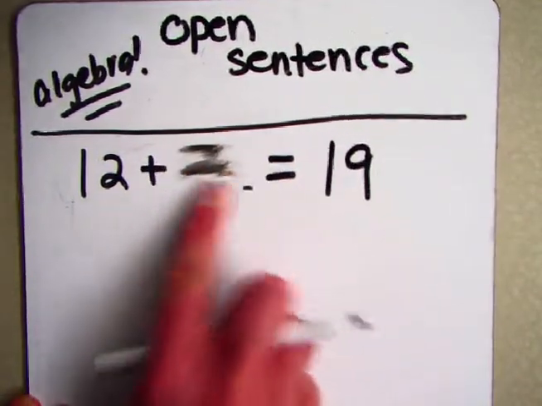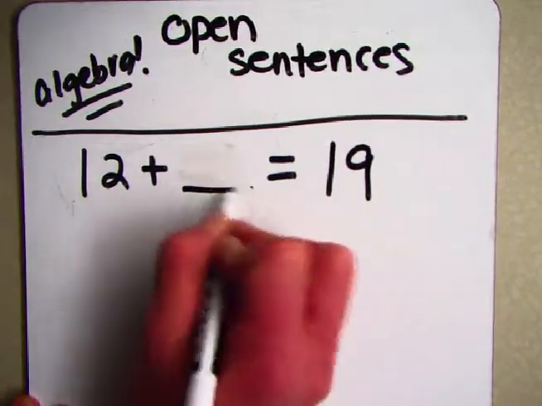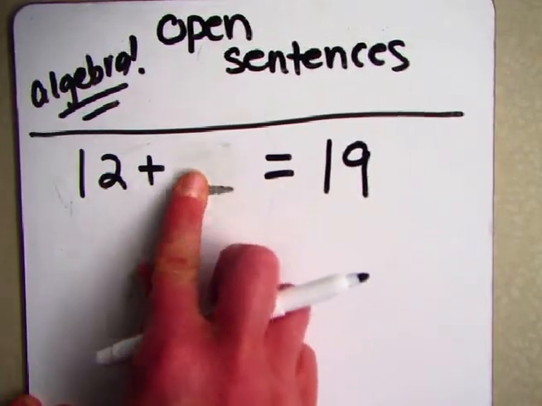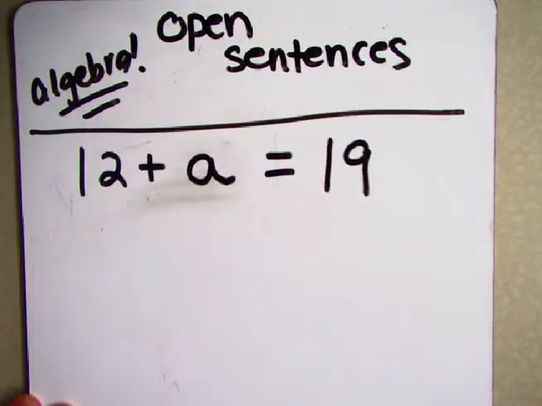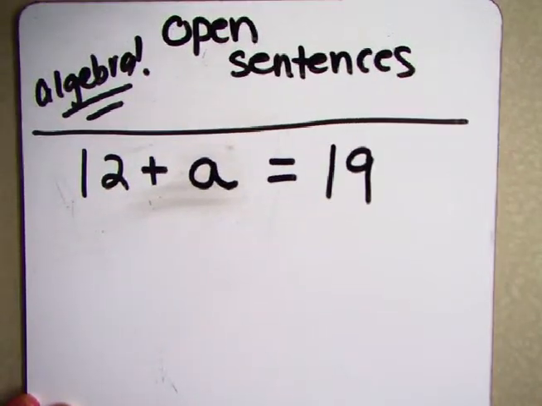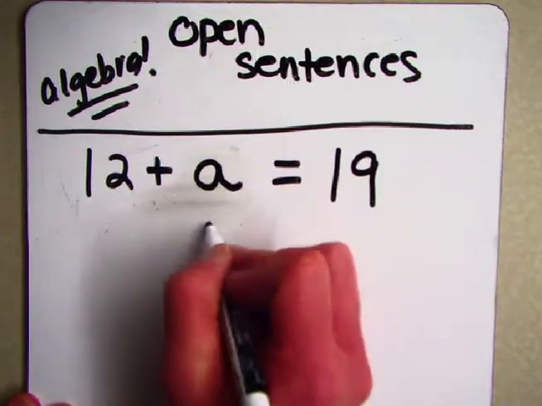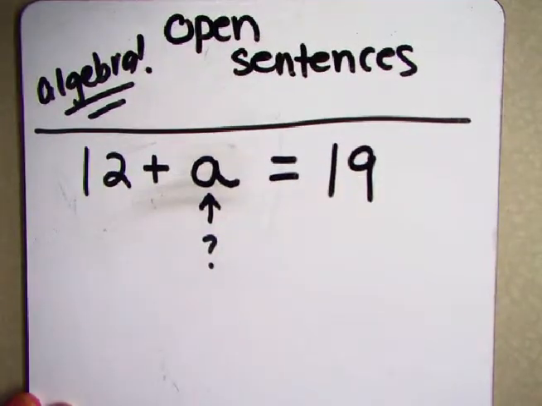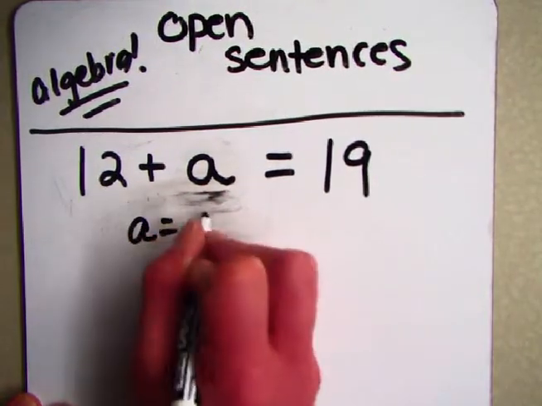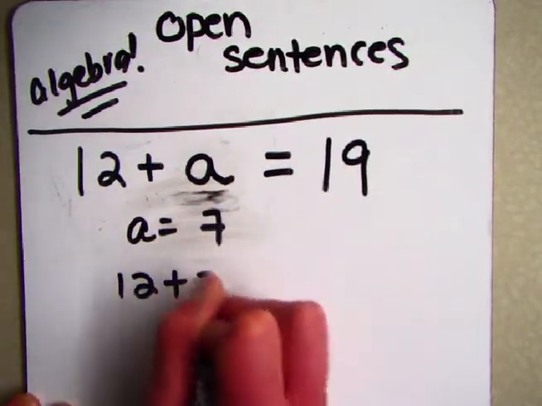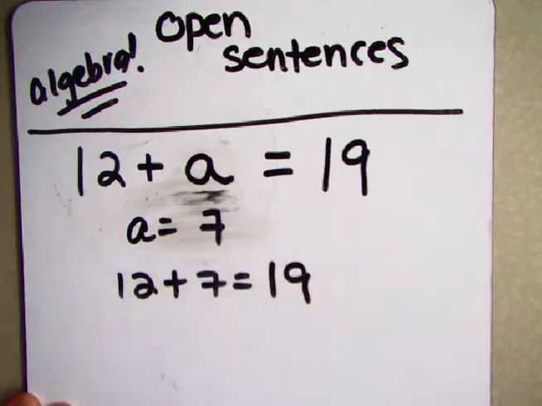In algebra, what we do is we replace the unknown with any letter. So I might call this A. So 12 plus A is equal to 19. Well, what is A? A is equal to 7 because 12 plus 7 is equal to 19. Okay?